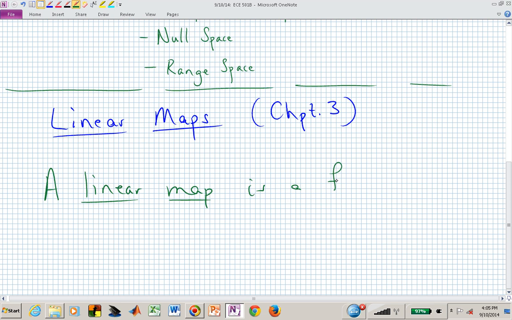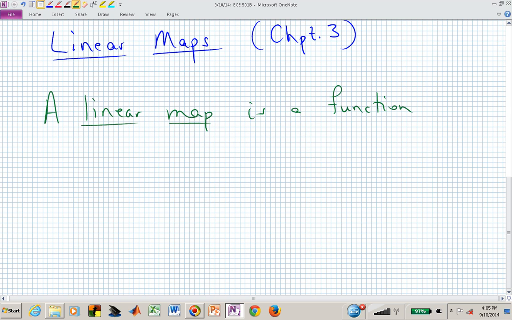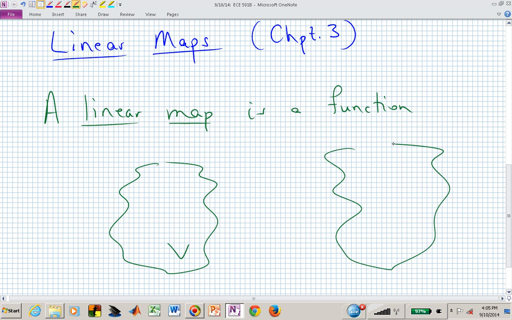A map is a function, and I sort of like to graph some kind of a picture. You could think of some vector space V and another vector space W, and now we are interested in this map, linear map T, between those two vector spaces.